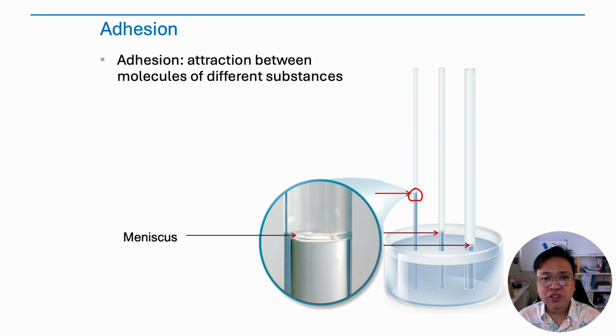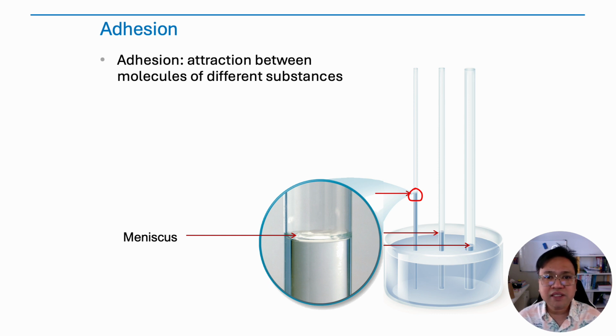Cohesion is the attraction between molecules of the same substance. In the case of water, this is due to hydrogen bonding between water molecules. Adhesion is the attraction between molecules of different substances, such as water molecules and the surface of a container, like the glass.